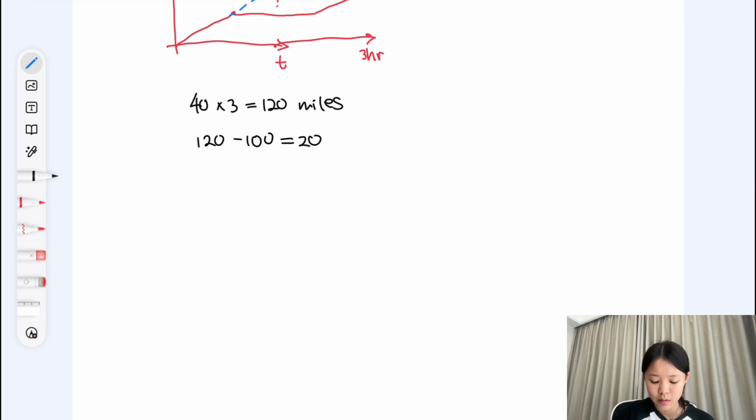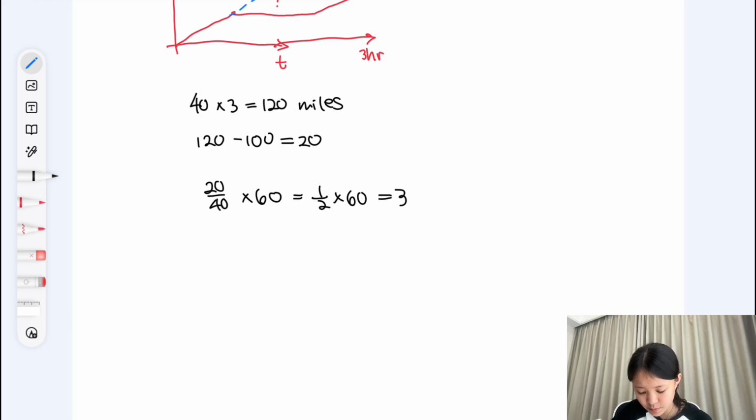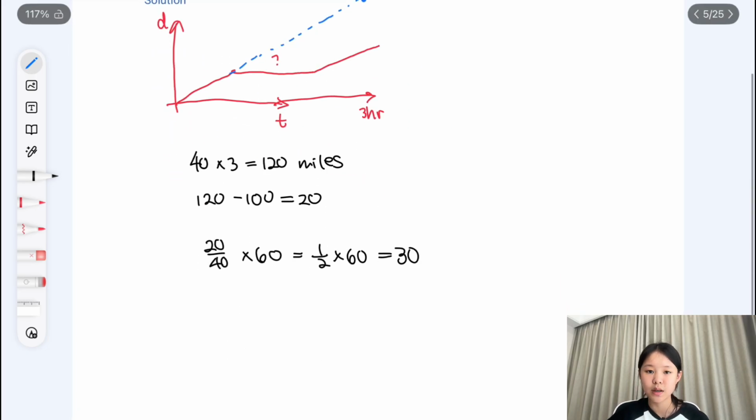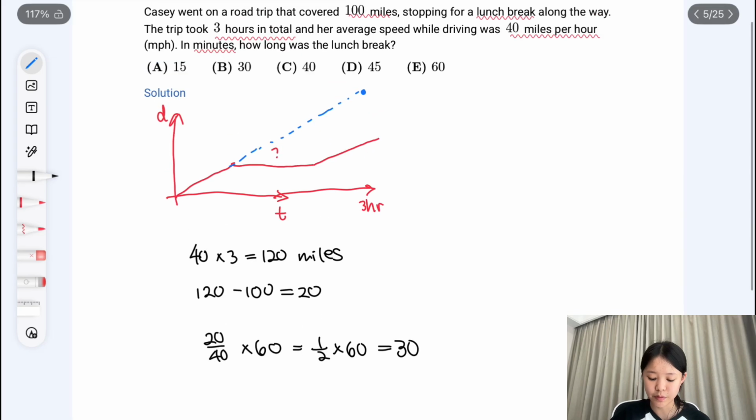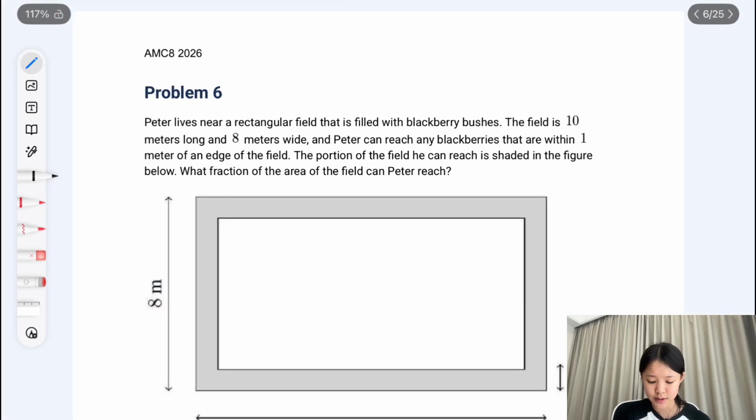So 20 miles that she didn't move, divided by 40 and then times 60, is the time that she was not moving for, which is half times 60, which is 30 minutes. So she was not moving for 30 minutes, and that was how long her lunch break was.